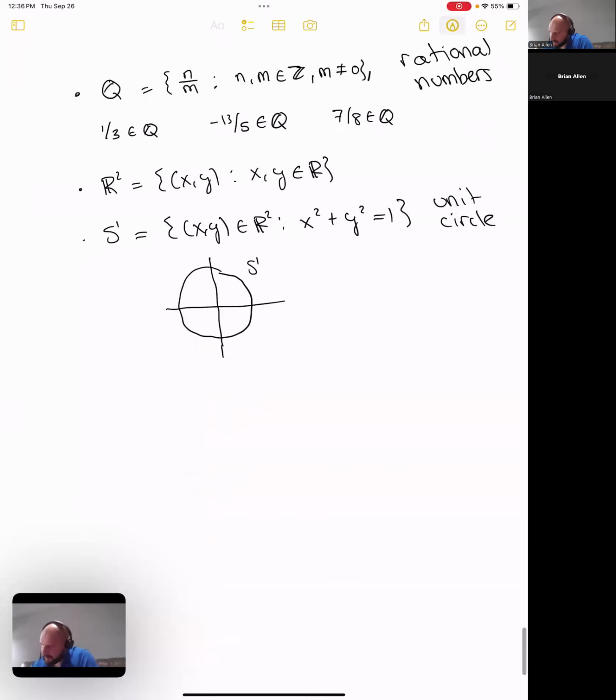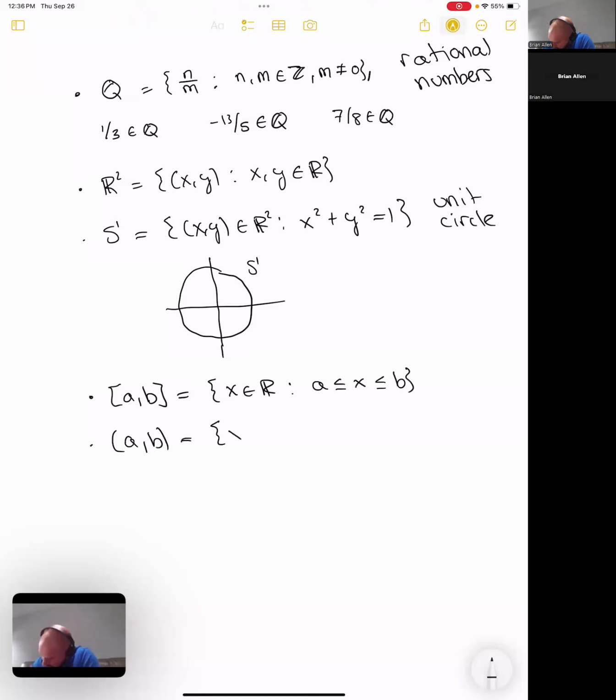And then in calculus and analysis, we often need to deal with intervals. So we might take the closed interval, which can be written as the set of all real numbers x such that a is less than or equal to x is less than or equal to b, or the set of real numbers such that a is less than x is less than b.